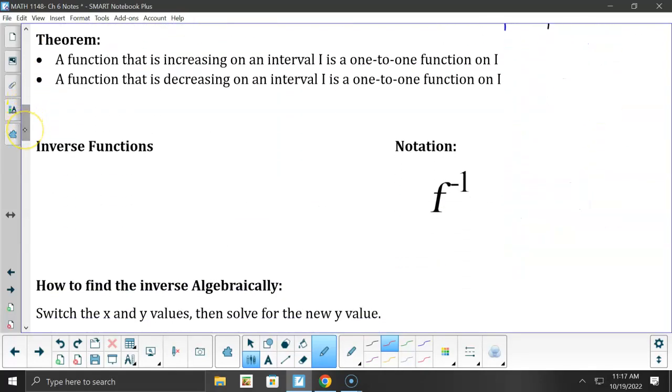So I've got a couple theorems, and then we're going to start talking about inverse functions.